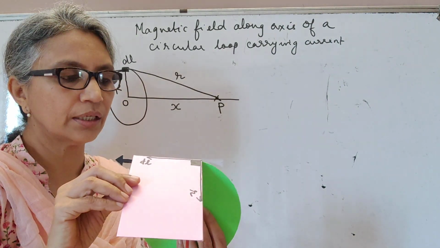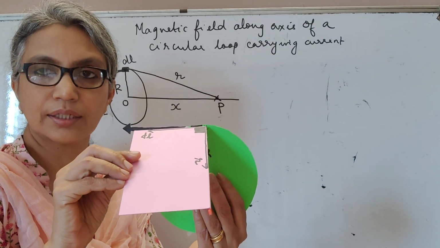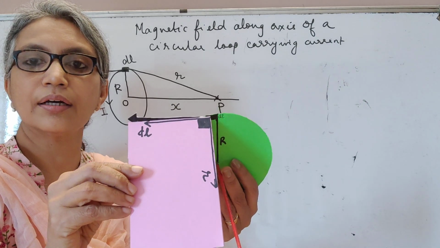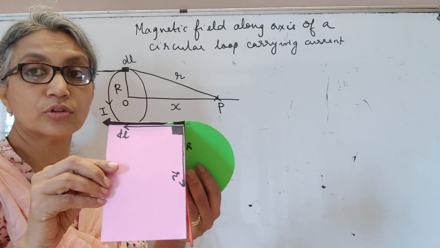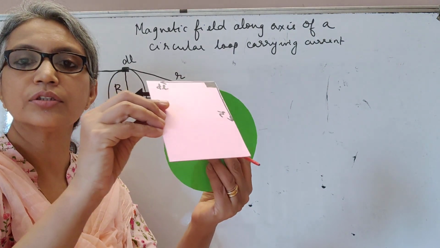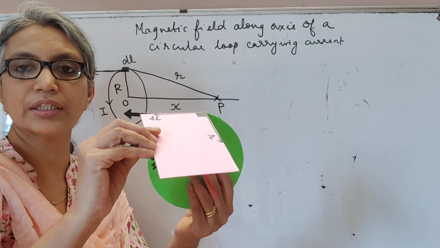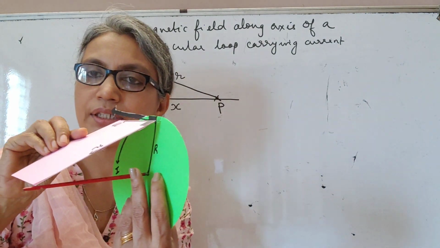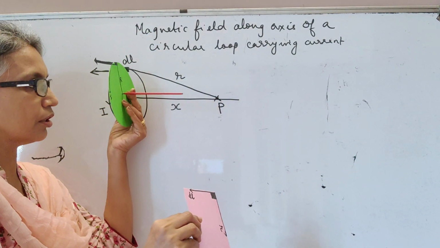The plane containing dL and r is going to be like this, a slanting plane. You will also notice from this 3D figure that the angle between dL and r is 90 degrees, which you can't see from your 2D figure. So this is your 90 degree angle between dL and r. dL is along the tangent and r is along that slanting line that joins dL to point P on the axis.